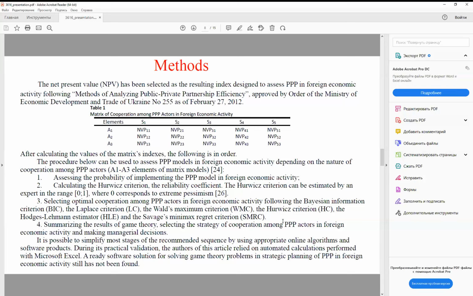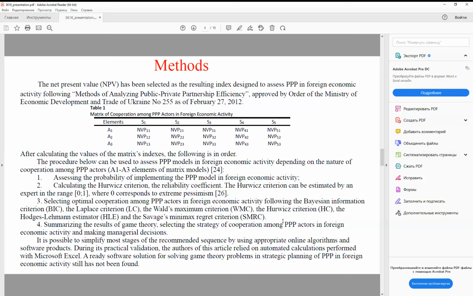After calculating the values of the matrix indexes, the following is in order. The procedure below can be used to assess PP models in foreign economic activity depending on the nature of cooperation among PPP actors, and to assess the probability of implementing the PP models in foreign economic activity.